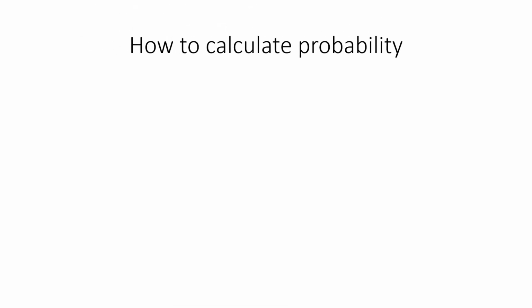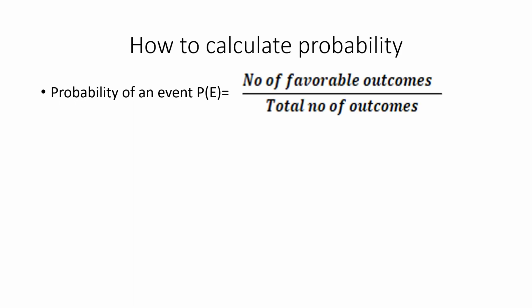As we move further, we'll check on how to calculate probability. So the formula for calculating the probability of an event is, we write it as P, which stands for probability, and in brackets we have E. It's like the probability of that event happening is equal to the number of favorable outcomes by the total number of outcomes.